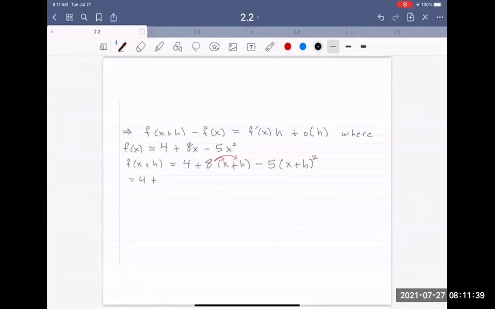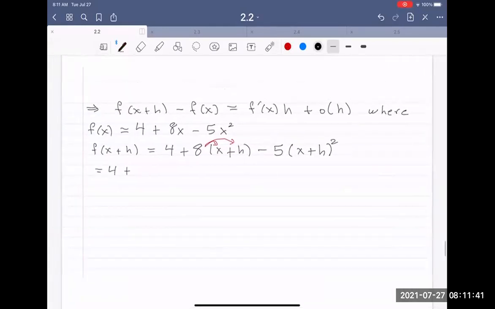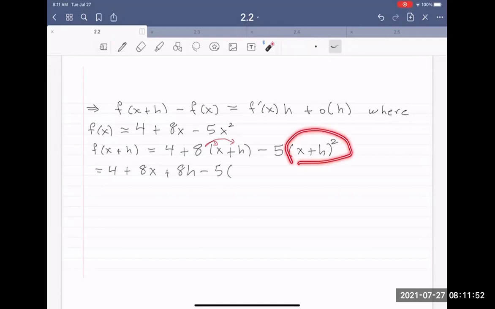Okay, and so this is equal to 8x plus 8h minus 5 times. Now let me use the special product formula to simplify the x plus h quantity squared. Let's use the perfect square trinomial formula. And so this is equal to x squared plus 2xh plus h squared.